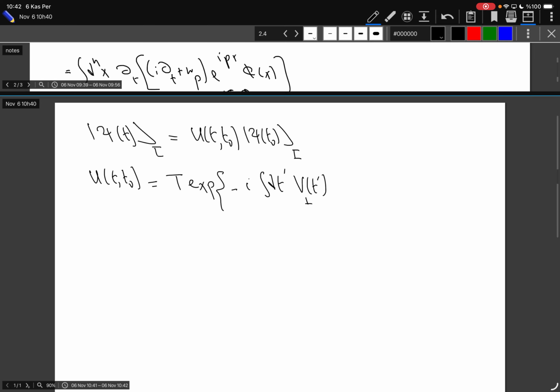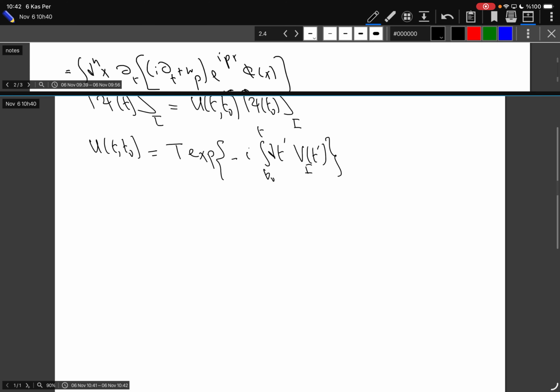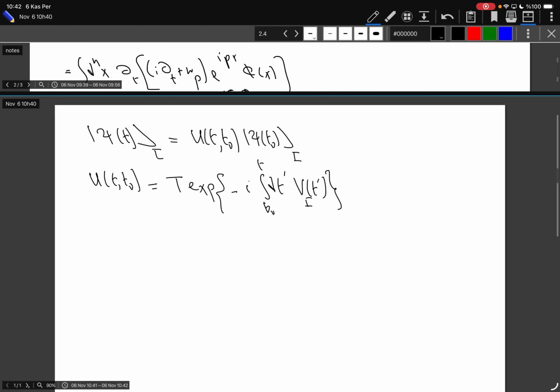This is the potential in the interaction picture. So it is evolving in time, starting from t0 up to t. So this was our evolution.